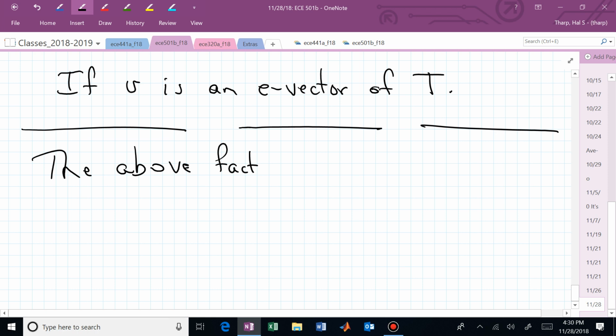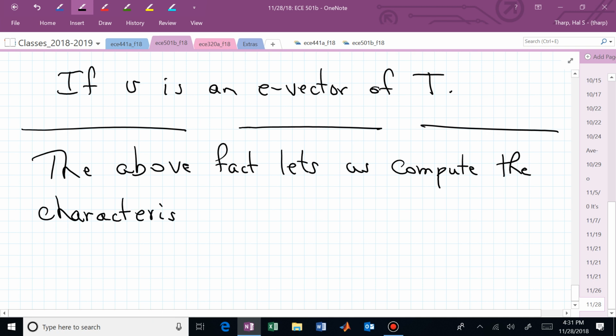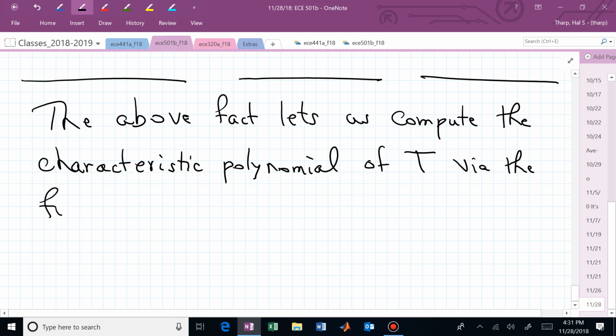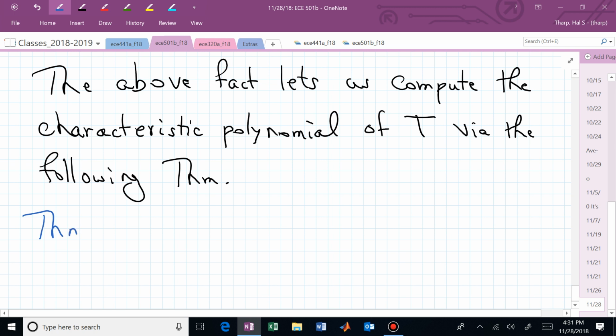The above fact lets us compute the characteristic polynomial of the operator T via the following theorem, which is Theorem 25 in Chapter 10.